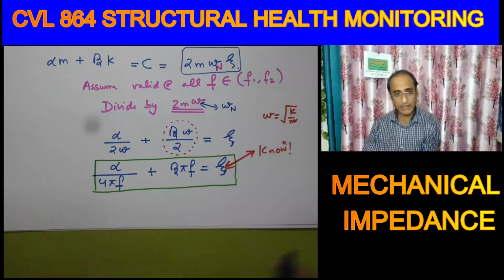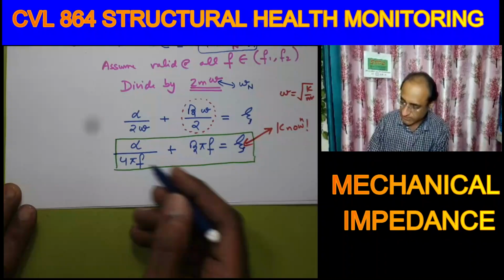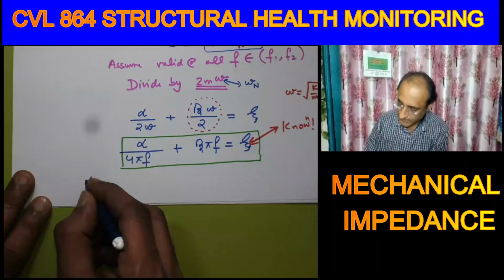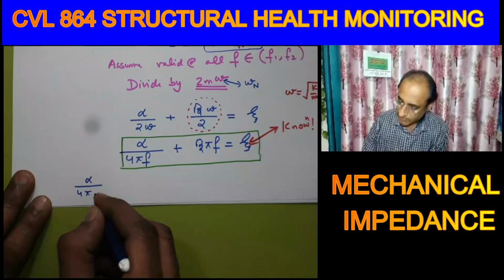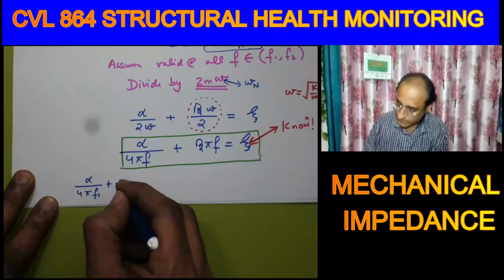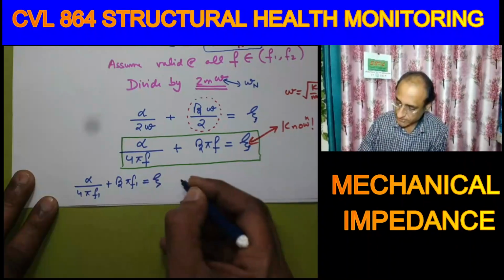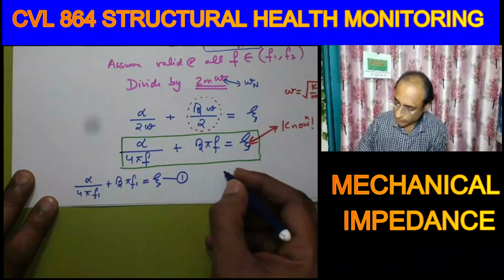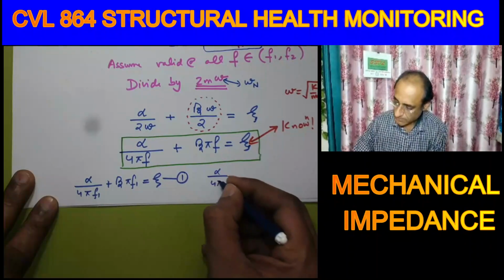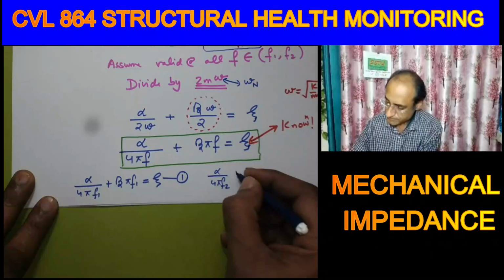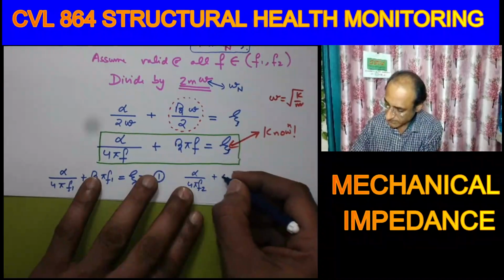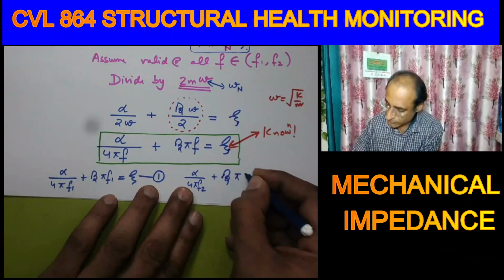One equation for f1, other for f2. So we have two equations: alpha 4 pi f1 plus beta pi f1 equal to xi. This is one equation, and the other equation is alpha 4 pi f2 plus beta pi f2 equal to xi.